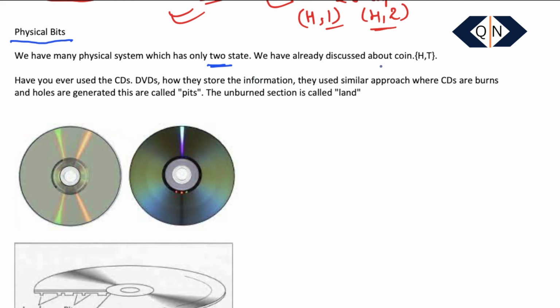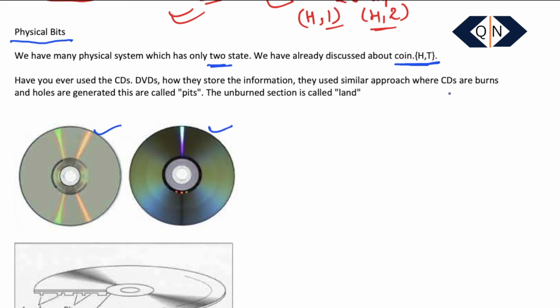We have already discussed this in the case of head and tail. There are two states. Have you ever used a CD or DVD? I know now it is not being used. We have pen drives and SD cards, but you might have seen CDs and DVDs.